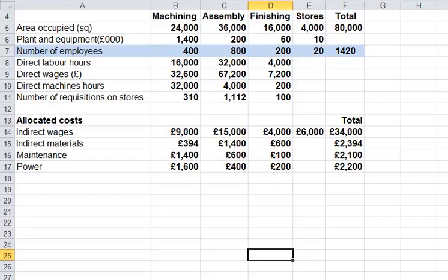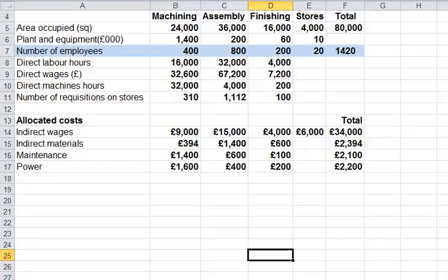So let's just imagine a business with the following figures. We have areas occupied in various departments. Machining, for example, has 24,000 square feet or square meters or whatever it is. Assembly has 36,000, finishing has 16, and stores has 4.